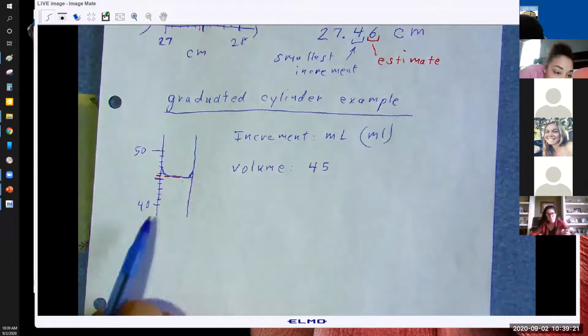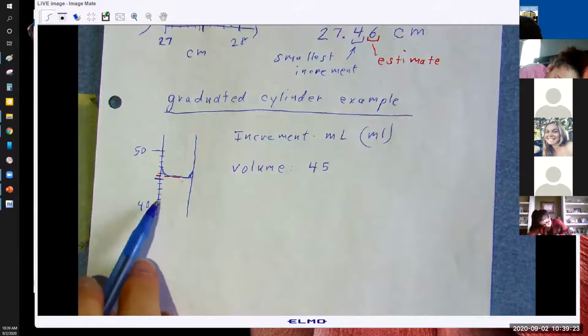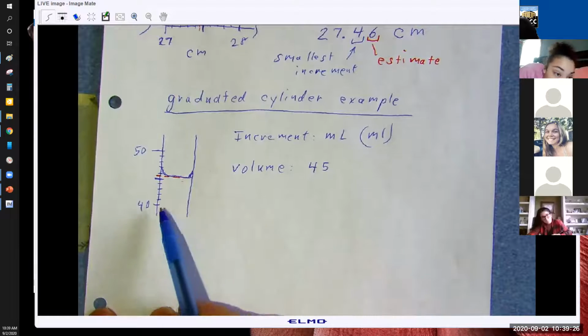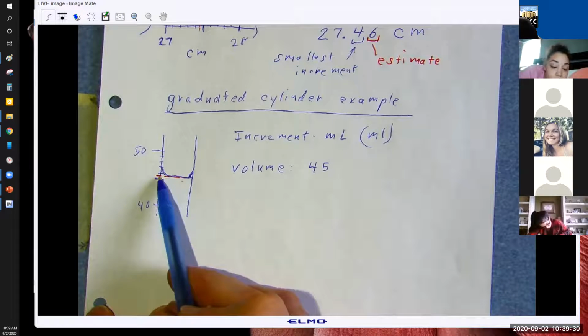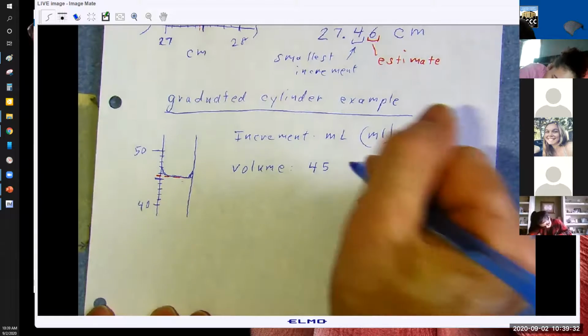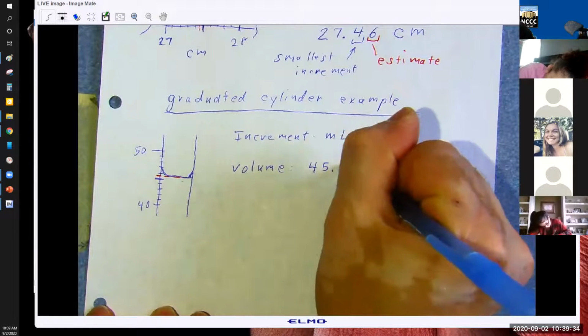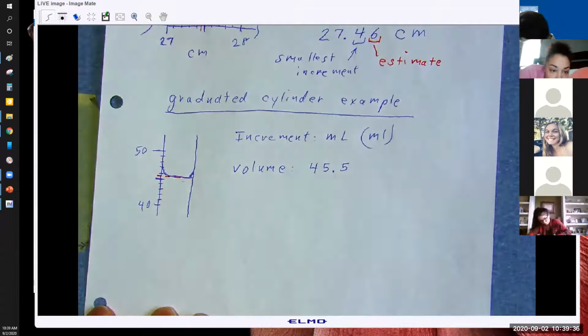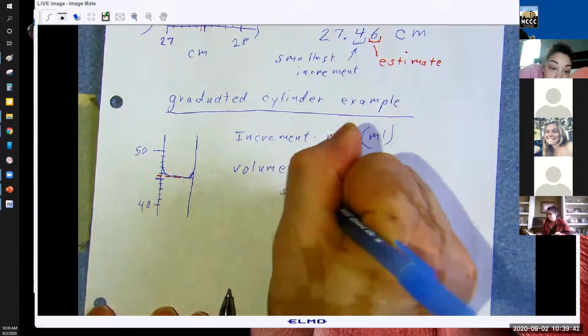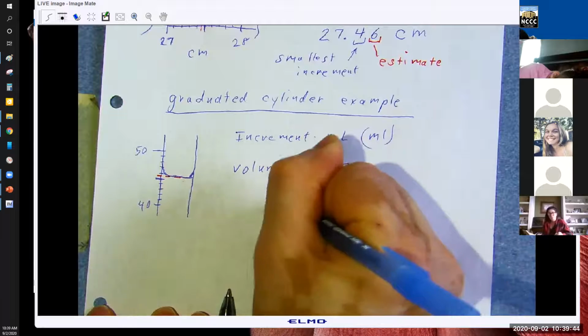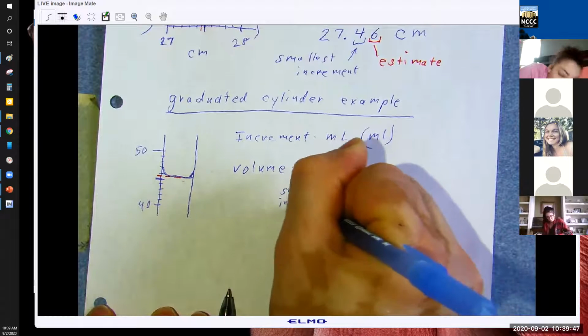So here we have the smallest increment is the milliliter, right? So we've got 1, 2, 3, 4, 5. We're right in the middle of that, sort of. So the estimate is exactly like you said. It's going to be like that, 45.5, right? Because this is the smallest increment.